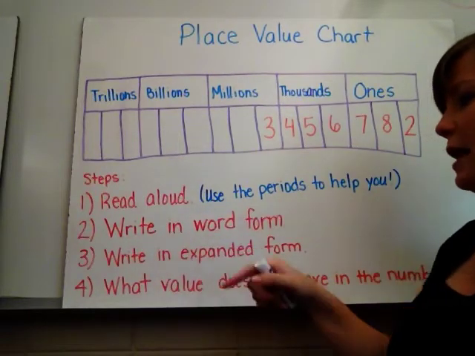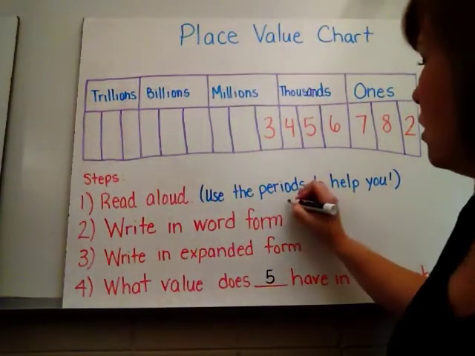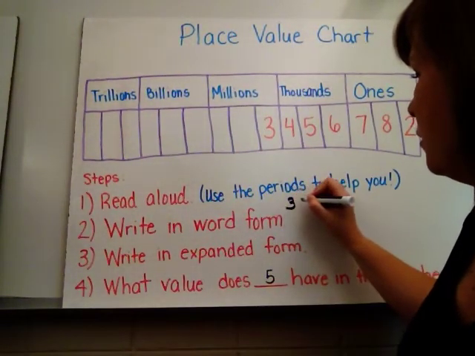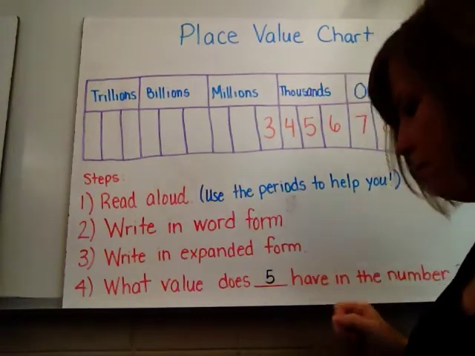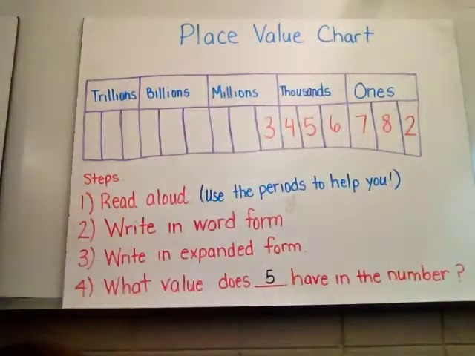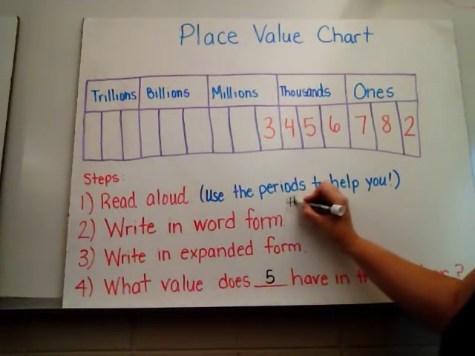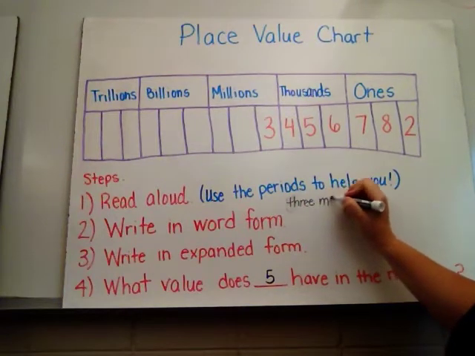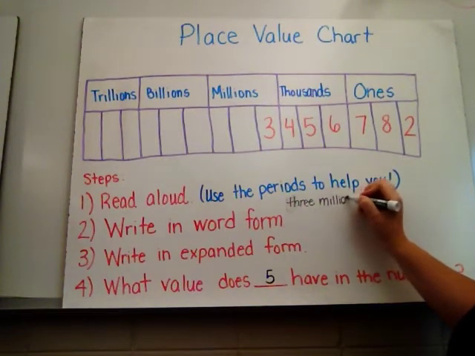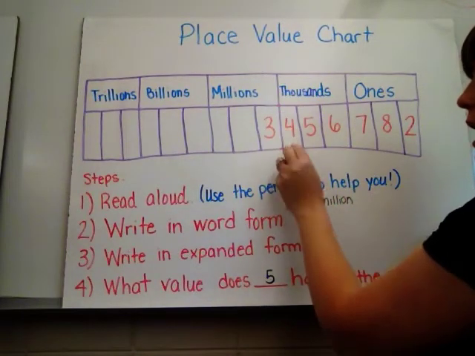I'm going to write it in word form. This might take me a while. 3 million, and whenever it's the end of a period, a section like this, we're going to put a comma in.